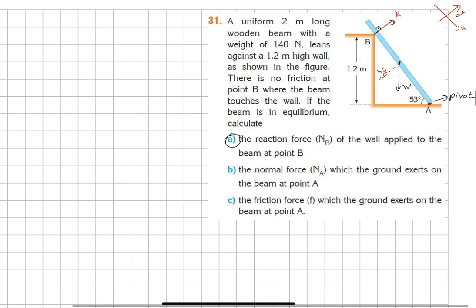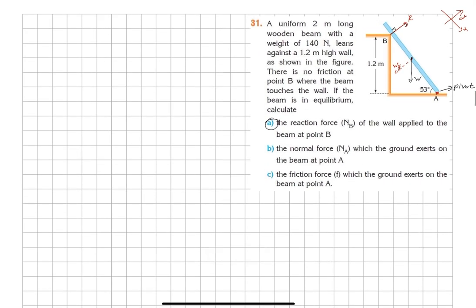So as I said, the net torque of the system is equal to 0, which is equal to the torque of the weight by y minus the torque of the reaction force. So the torque of the weight by y will be equal to the torque of the reaction force.